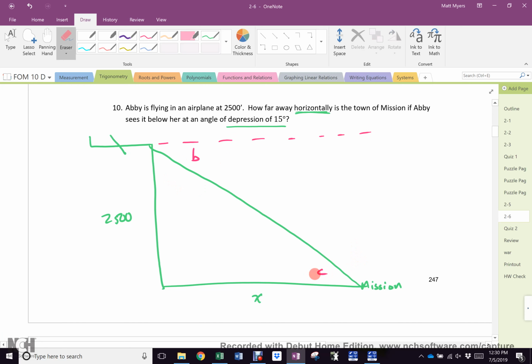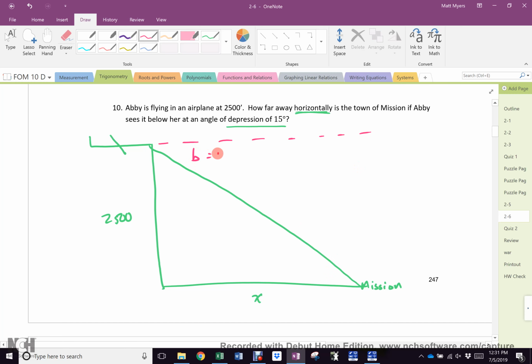Now, stop for a second. If that's B, and that's the angle of depression, I could use this pink triangle because what would this be over here? 2,500. Or I can remember that an angle of depression is the same as the angle of elevation on the ground.